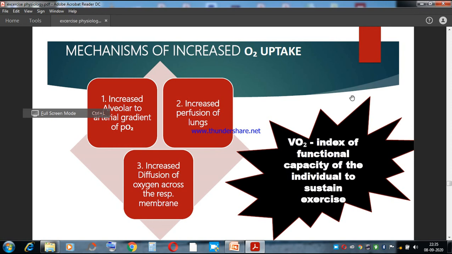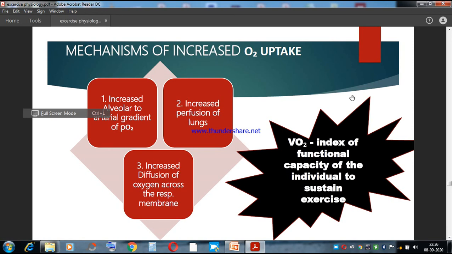I mean, the partial pressure of oxygen in the arterial blood vessels has to be lesser than the partial pressure of oxygen in the alveoli, and the partial pressure of oxygen in the alveoli has to be lesser than in the environment, so that there is a flow of oxygen from the environment to the alveoli to the blood vessels.